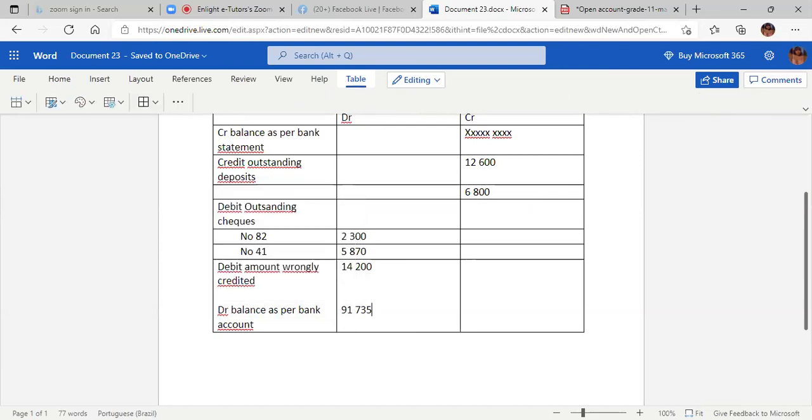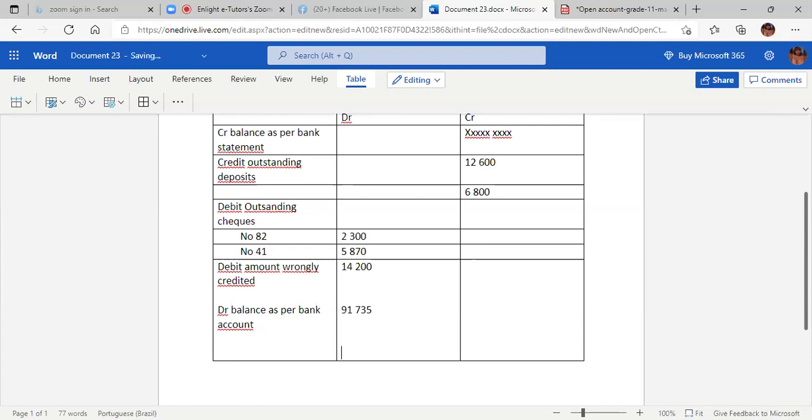I'm just gonna write it here. 114,105. That's right? No, 114,405? Where do I get a different amount? Let me recalculate.